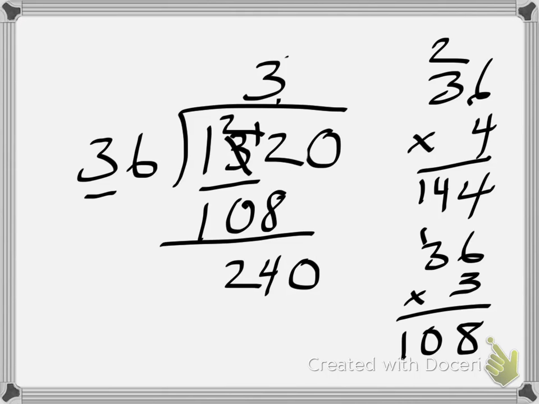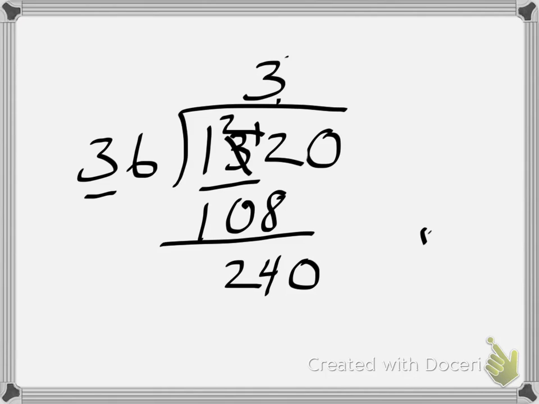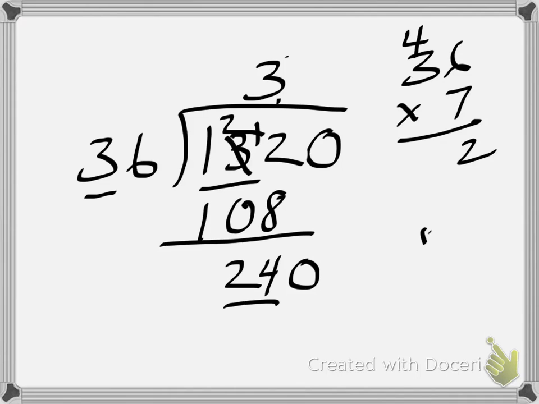So now we're going to go ahead and we're going to do 36 into 24. Now when we did this the last time, we tried this as a 3, but actually 36 would round to a 4. So we know it's probably not going to go in there 8 times, 3 into 24. So we'll actually try 7. 36 times 7. 7 times 6 is 42, carry a 4. 7 times 3, 21.